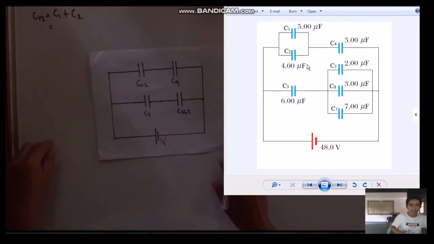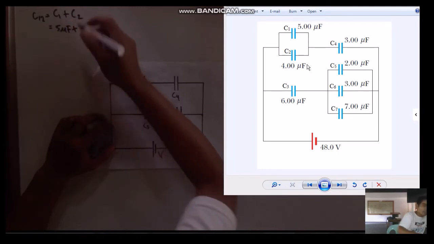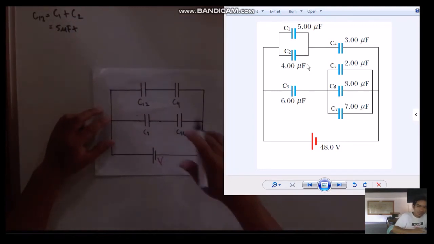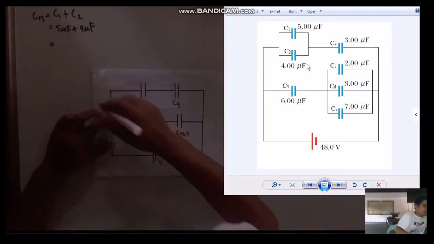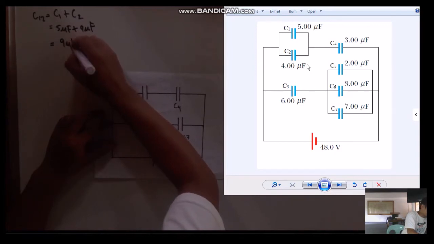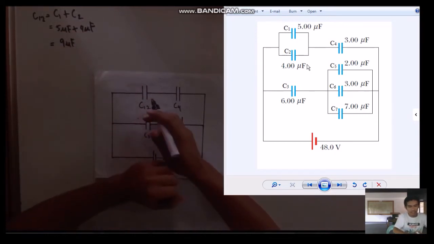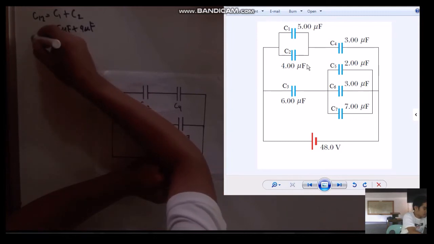What is C1? 5 microfarad. And what is C2? C2 is 4 microfarad. Then C12 is 9 microfarad.